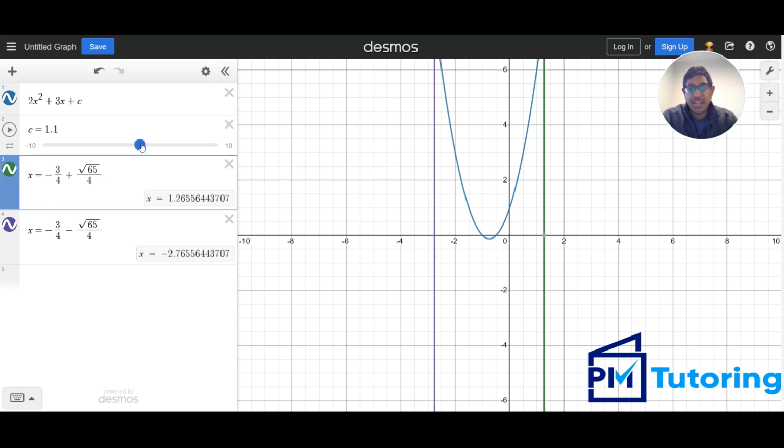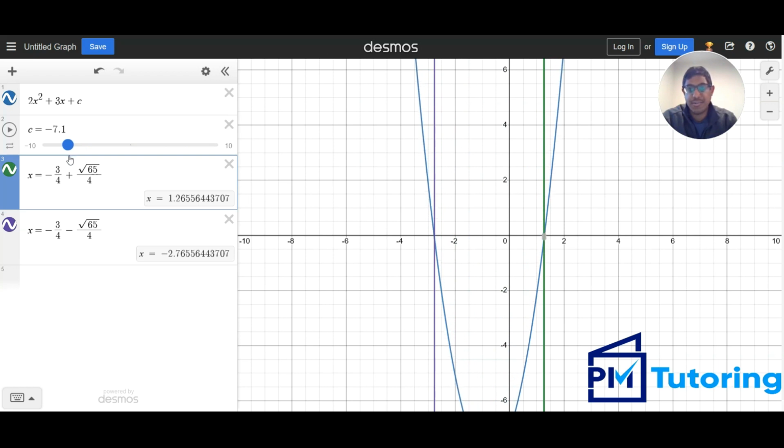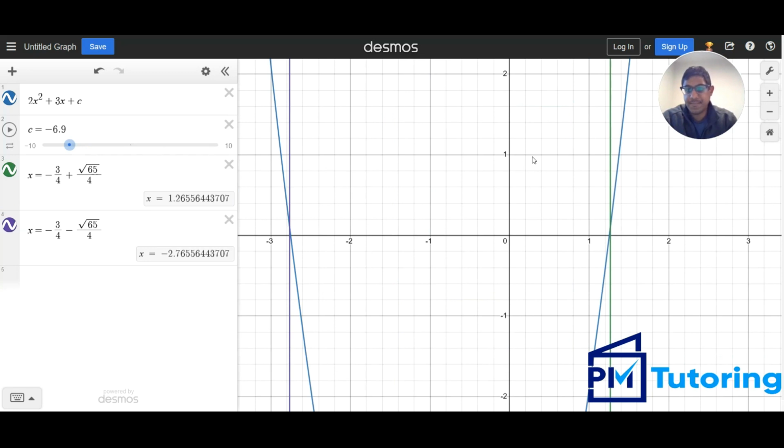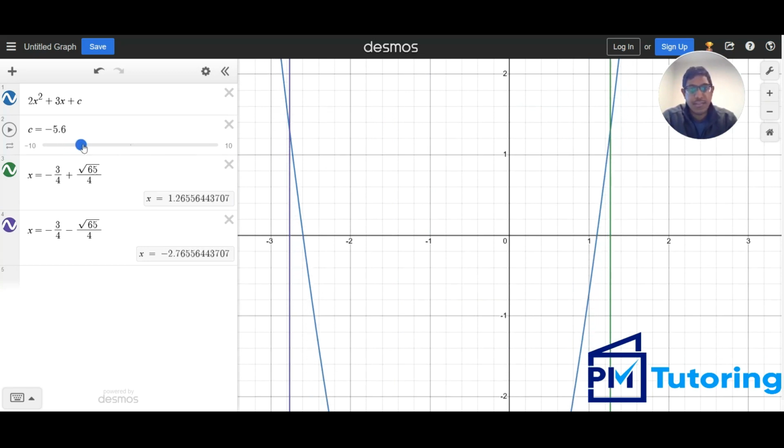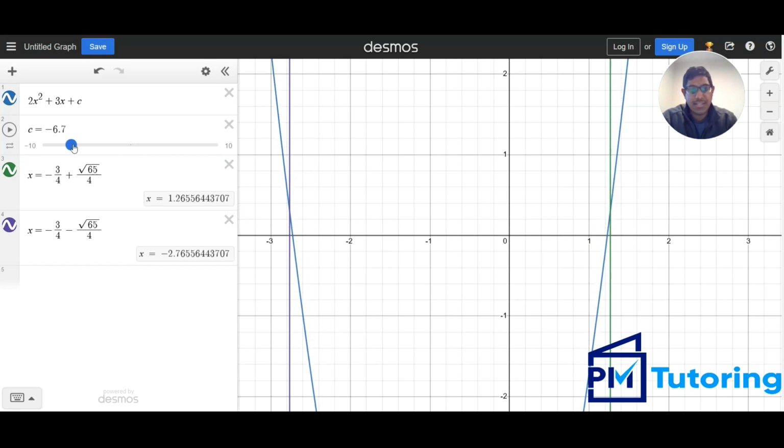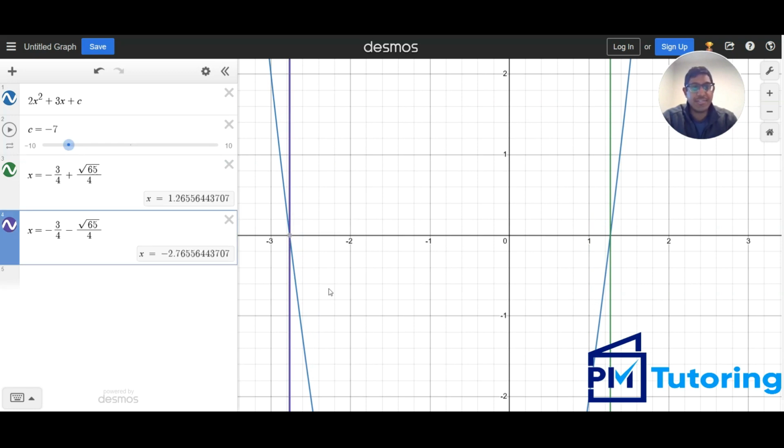So we could slide this way, and that's going up, not the direction that we want it to go. And we can slide back down this way, getting closer, getting closer, until those points overlap. And zoom in a little bit just to make sure. So again, moving away, and there we go. And that is where our points overlap when c equals -7.